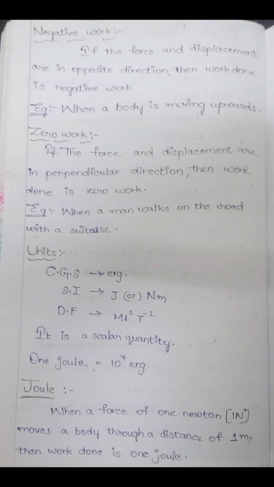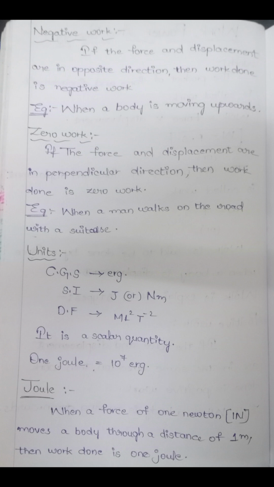Negative work means if the force and displacement are in opposite directions, then the work done is negative work. For example, when a body is moving upwards, but the force acting on the body is downwards, so that is negative work. Next, zero work.